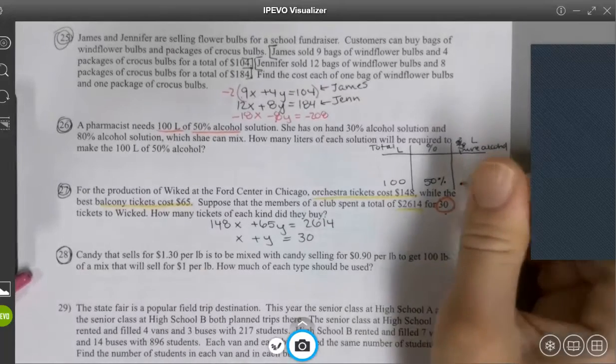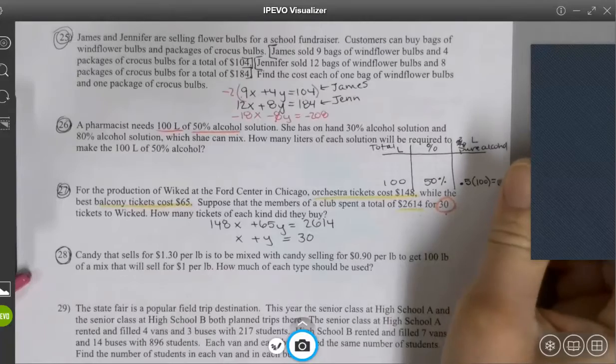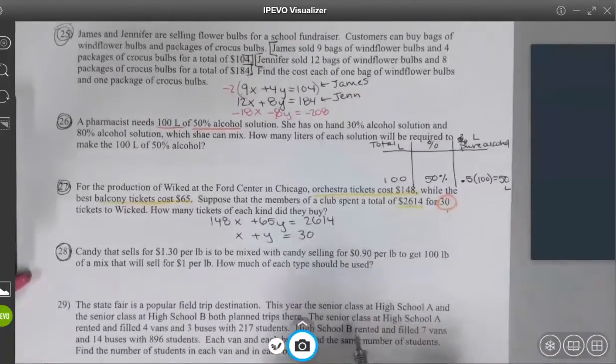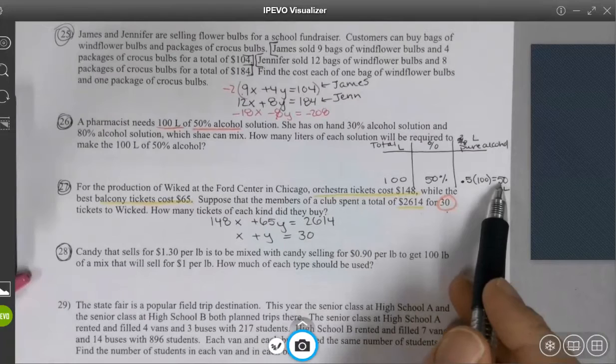Or really I'm saying, take my percent, write it as a decimal, 0.5 times 100, it's going to give me 50 liters that would be pure alcohol, and the other 50 would be whatever the other solution is that's in there. Okay, but it's going to be 50% alcohol, 50 liters will be pure alcohol.